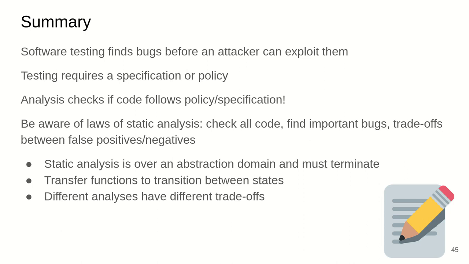When you come up with new systems, make sure that it actually runs, and tune those towards these different trade-offs. Remember, static analysis is over an abstraction domain and must terminate due to the finite amount of resources available. We have transfer functions to transition between the states, and we've discussed different sets of analyses that all have different trade-offs that we can look at.